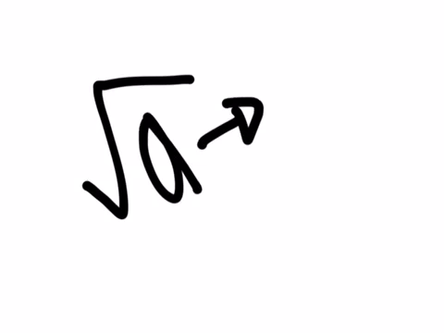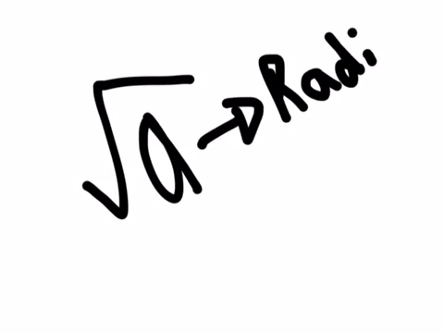Firstly, for adding and subtracting radicals, it is important to know that the number inside the square root is called a radicand. There are some rules you need to follow so you can add and subtract radicals.